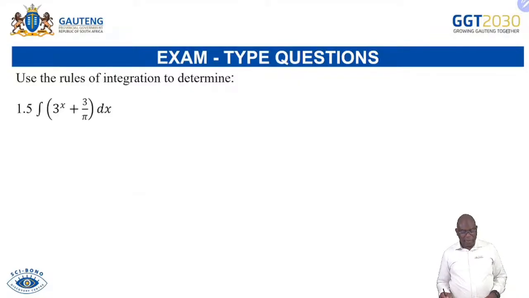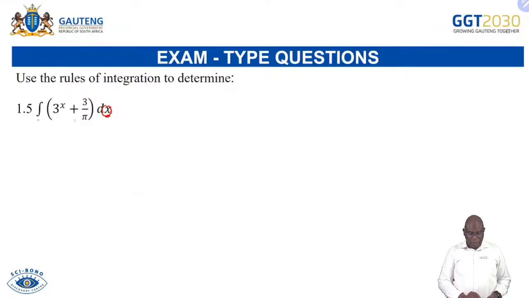All right. The next one in 1.5, we want to use the rules also for this. Now, there you have 3 to the power of x plus 3 over pi. I'm still integrating x. So when I see pi, I cannot integrate that pi because it is not what I'm requested to do.